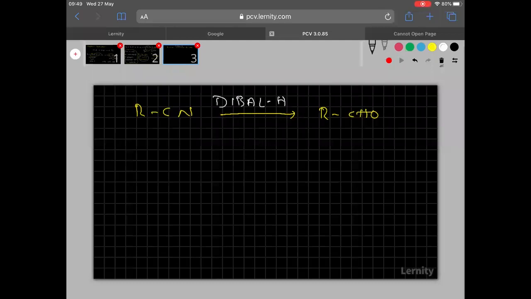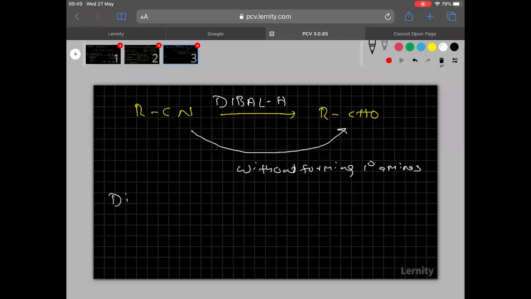With the help of DIBAL-H, cyanides are directly converted into aldehyde without forming primary amines. In Stephen's reduction, primary amines were formed, but with DIBAL-H, primary amines are not formed. Clear? Then what is this DIBAL-H?